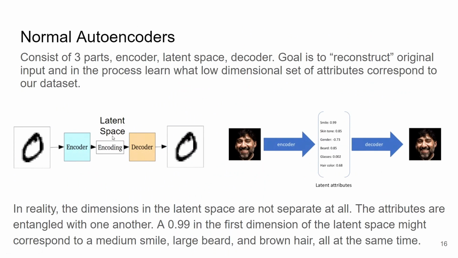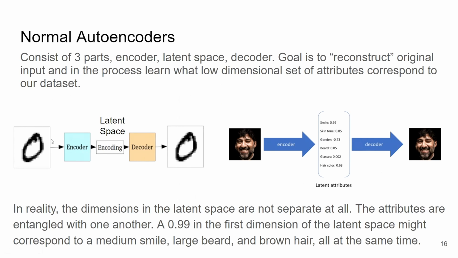So again, don't worry too much about the other slides. We'll get there eventually. But essentially, this is also called the latent space or the latent code for a single object that's been encoded. And basically the goal is, again, we have to learn what low-dimensional data and what sets of attributes correspond to our data, right?